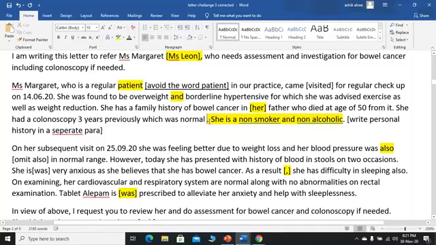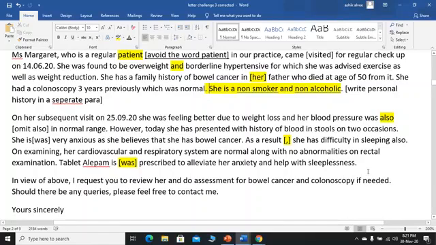Now this is a personal history, and this personal history should have been written in a separate para, right? Personal history in a separate para. Or if you have just one or two pieces of information that are significant for anyone, then you write it just before the conclusion, in the last para before conclusion.